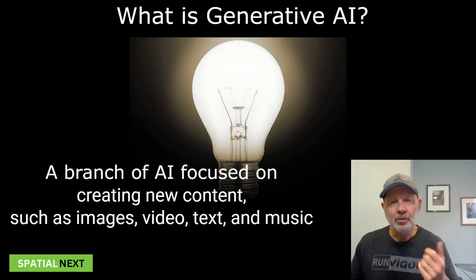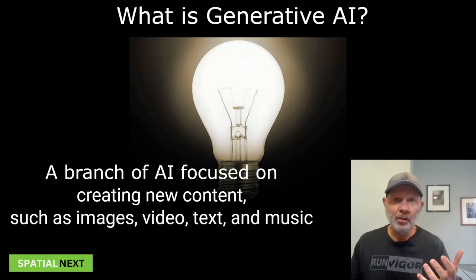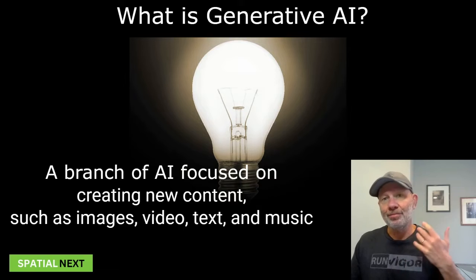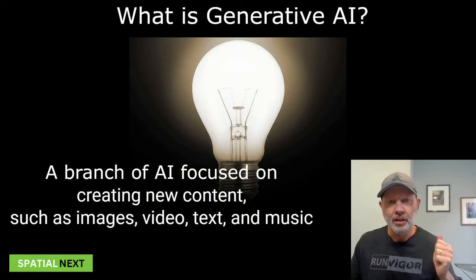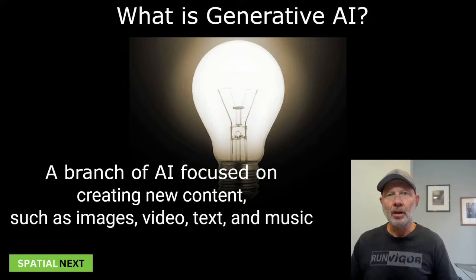The reason it's got so much buzz is this: I sometimes think about AI as automating workflows, processing data, analyzing data, but specifically generative AI is a branch of AI focused on creating new content such as images, video, text, and music. We're going to cover some of those in this video and some of my favorite tools within this world. That's why there's so much attention around generative AI, because we're really creating something from nothing.